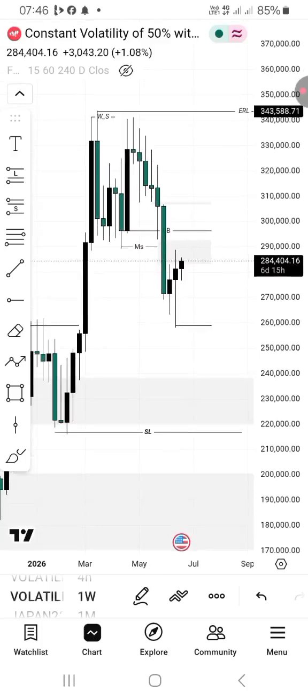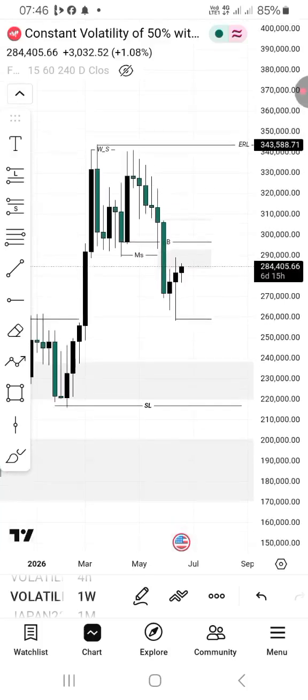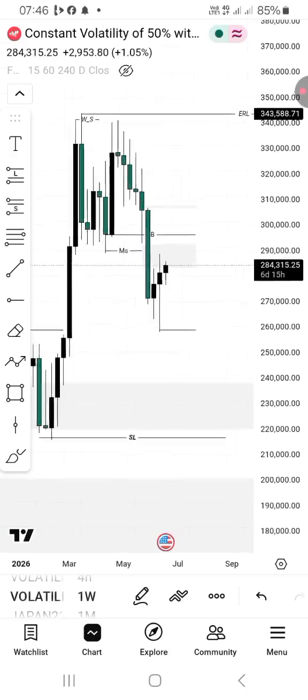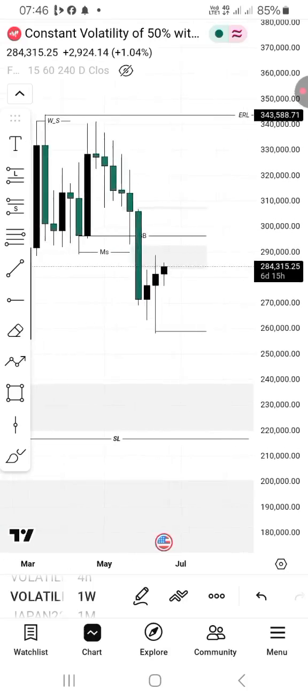Now, we already have it in mind that on the monthly time frame, price is bullish, and we want to continue the bullish movement from the discount zone, but price is currently at the premium zone on the monthly time frame. So we drop down to the weekly time frame to look for bearish confirmation, and we saw that price already took out liquidity above that high, and we had a shift in market structure, and price is currently at the discount zone.